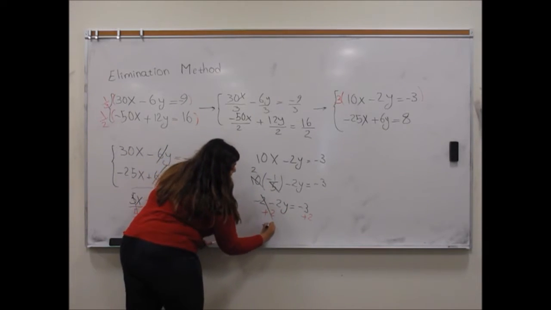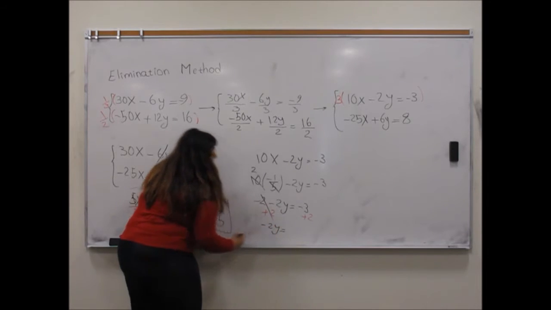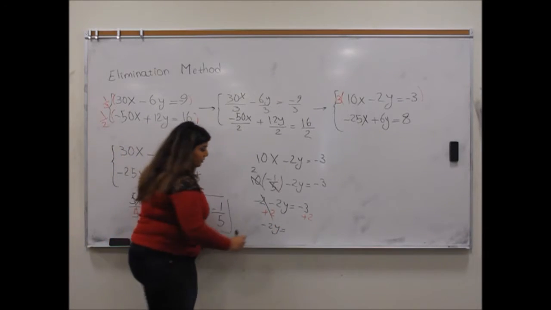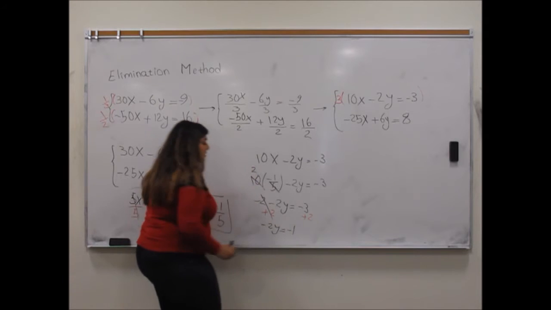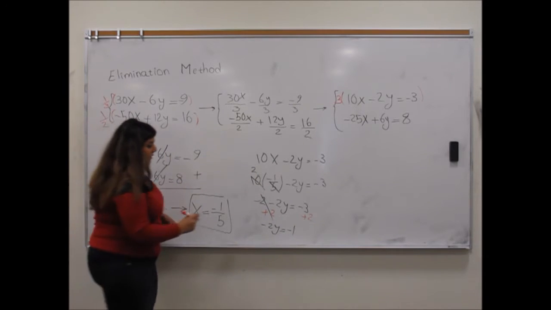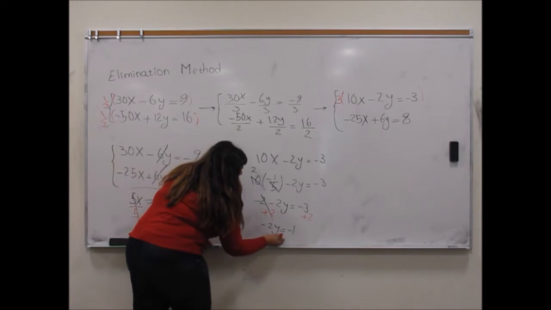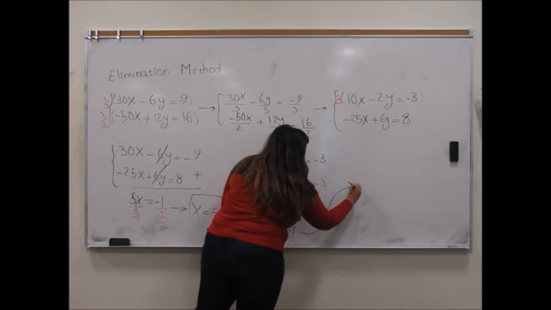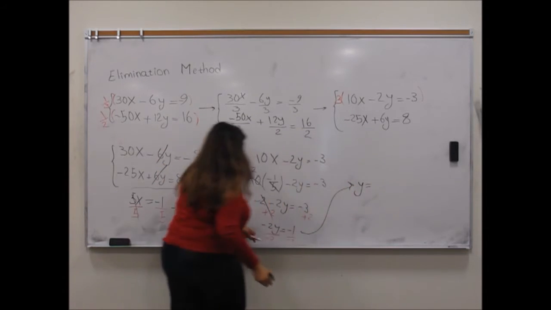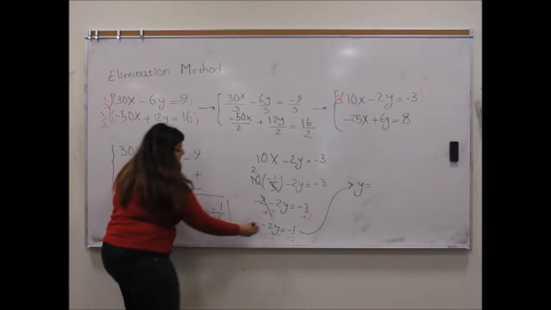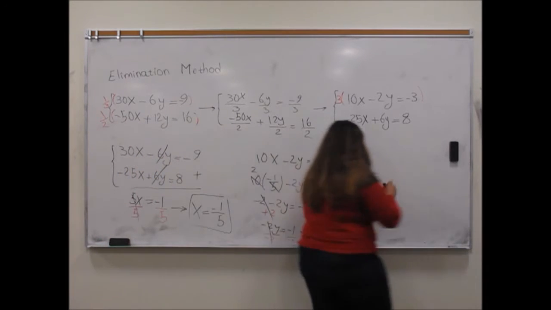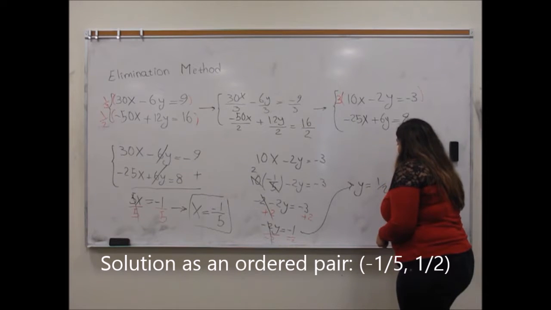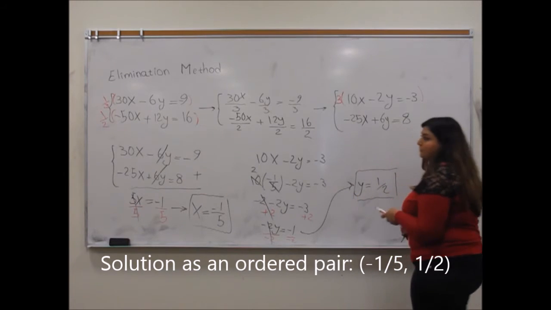I'm going to get negative 2y equals negative 3 plus 2, which is just negative 1. Divide both sides by negative 2. y is negative 1 over negative 2, a negative divided by a negative is positive, so y is 1/2.